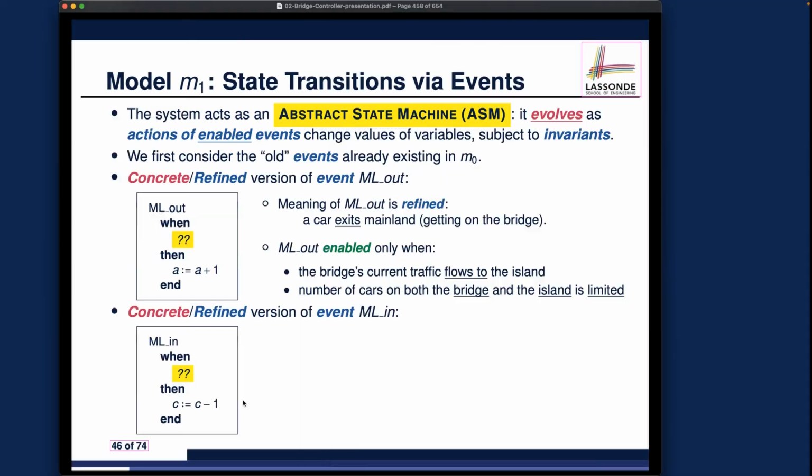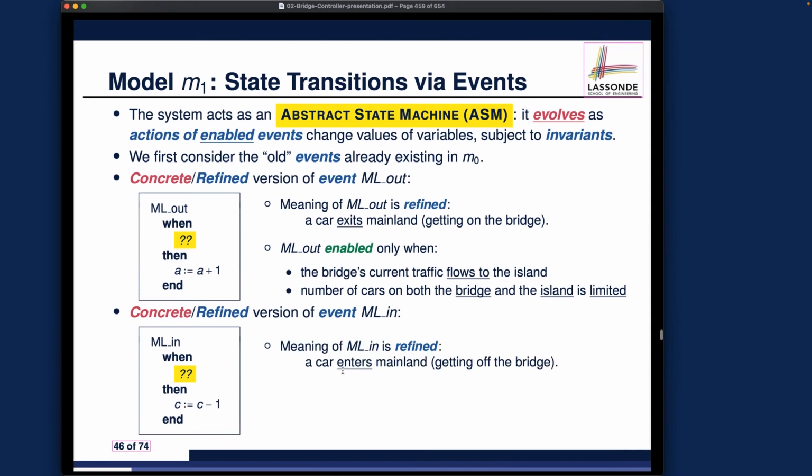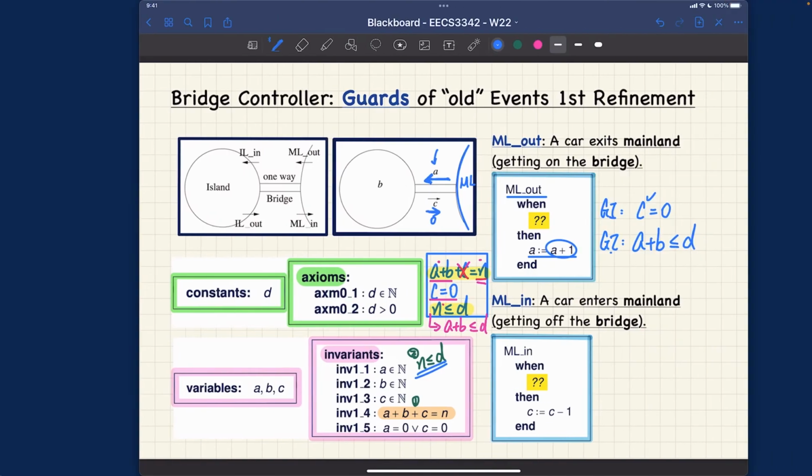And what should be the guard? So cars enter the mainland and get off the bridge. And here are some hints for you. The MLN should only be enabled, well, thinking this way. If I'm trying to leave the bridge into the mainland, should this particular constraint be relevant?